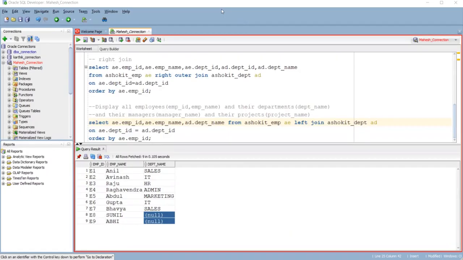Hardik, I have given you the unmute option. Can you please tell me the reason why the null values are displayed for employee 8 and employee 9?